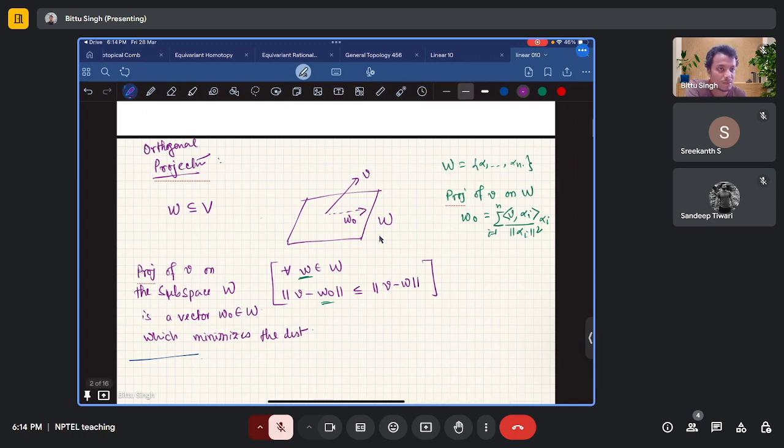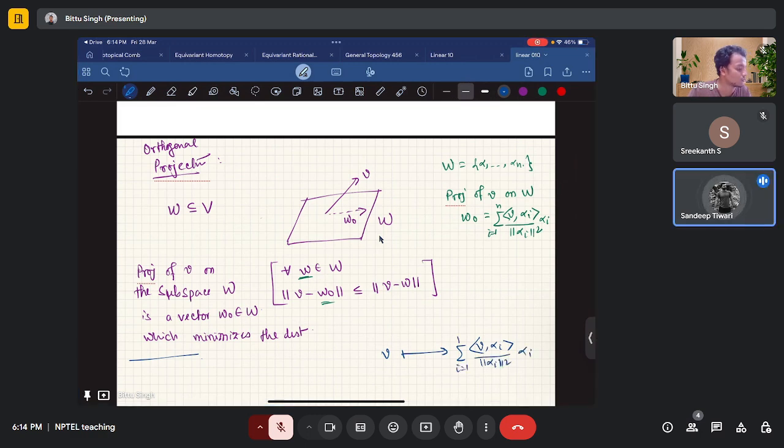This is actually a linear transformation, because you can easily see the formula. It sends V to the sum of V comma alpha i by norm of alpha i squared into alpha i.